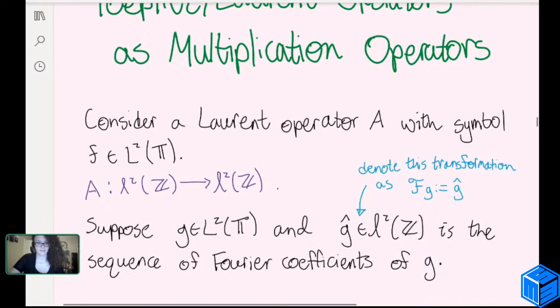So we'll take a function g that is square integrable over the circle, and it has a sequence of Fourier coefficients, and this sequence belongs to the space of square summable sequences. We're going to denote this whole sequence as g hat, the sequence given by g hat of n, the Fourier coefficients of g. And we're also going to call this Fourier transformation that takes g to g hat curly F.